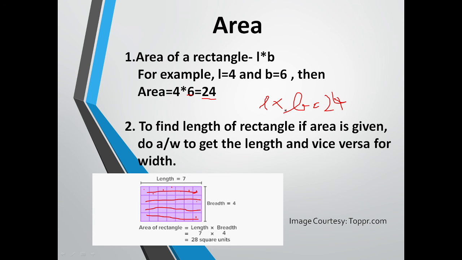To find the length, we'll transpose b to the other side, as I taught you in linear equations. In multiplication it becomes division, so it will be 24 by b, and b is 6, so 24 by 6 equals 4, so the length is 4.